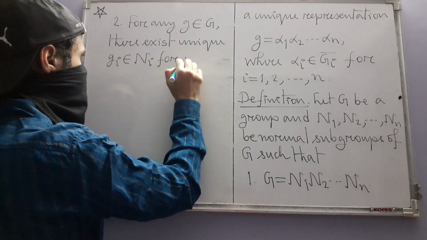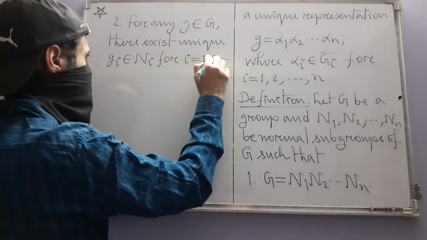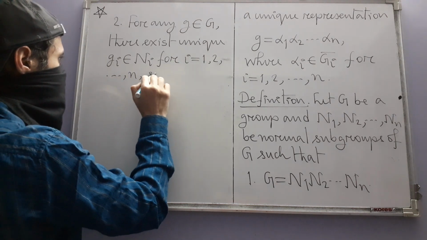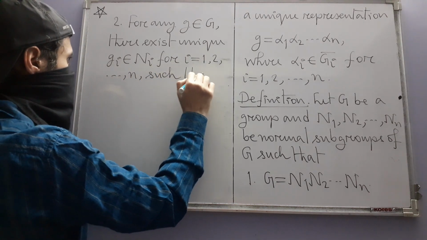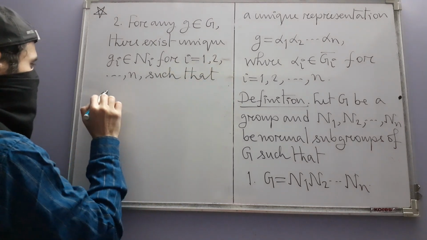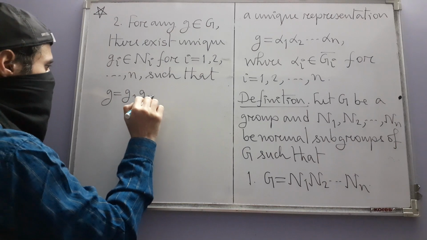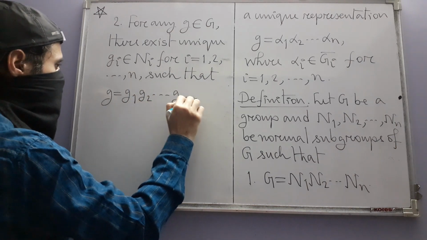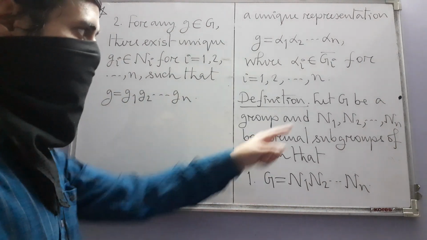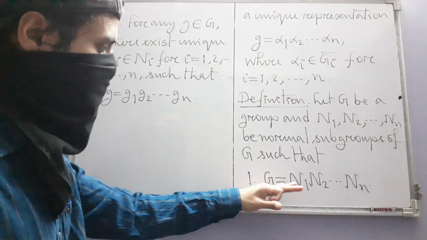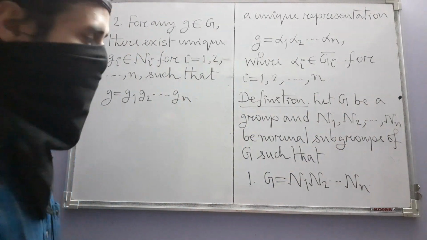For this g, such that g is their product. So we have a group and a finite number of normal subgroups that satisfy these two conditions.